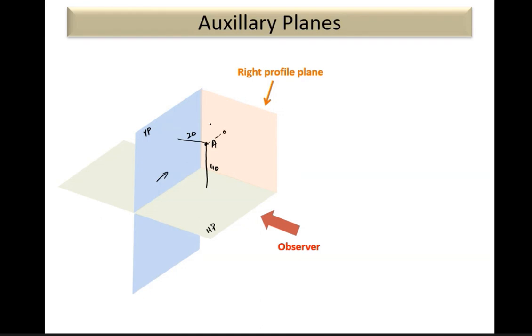Okay, is it clear? Yes, sir. So again, what will the projectors look like in this case also? Here you can see it will form a box-like structure. Okay. From our reference line. So now we know that in the first quadrant VP and HP are going to open like this, right?